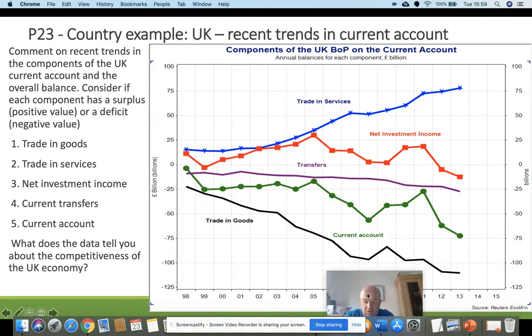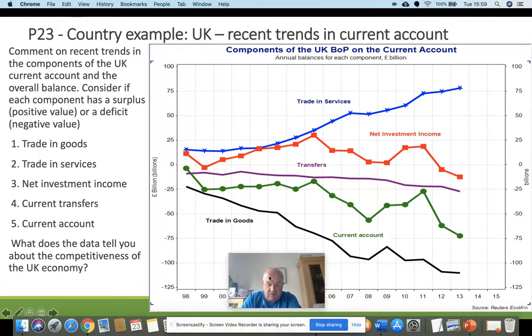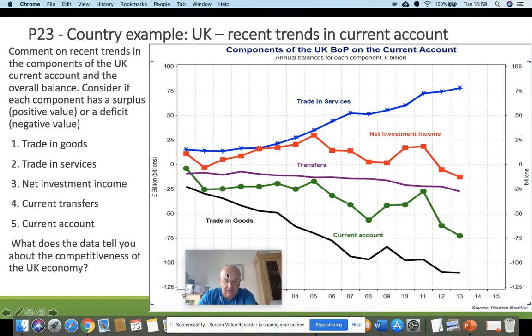Let me just move myself a wee bit over here to make it slightly easier for you to see. So on one axis, we've got billions of pounds. Okay, and if we take the point of zero, that point of zero is where we are actually in balance, if you like.